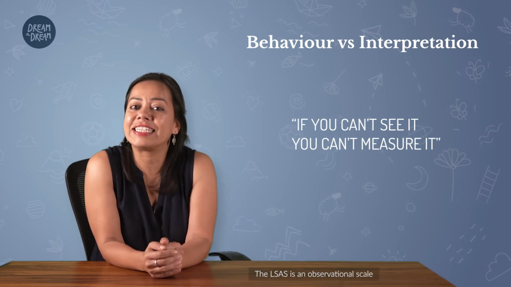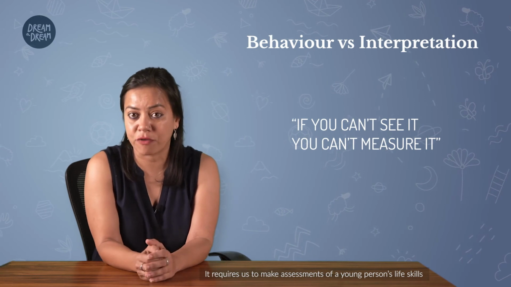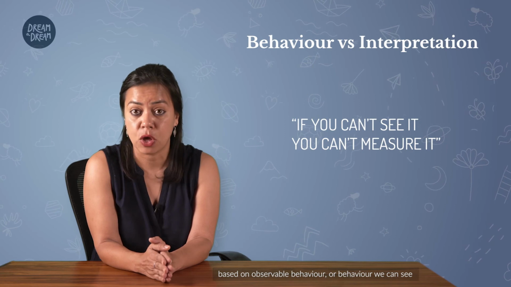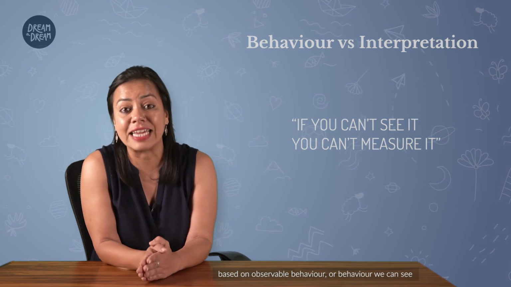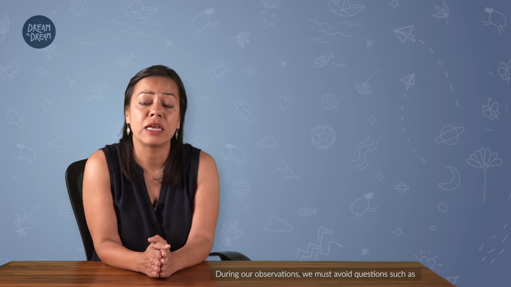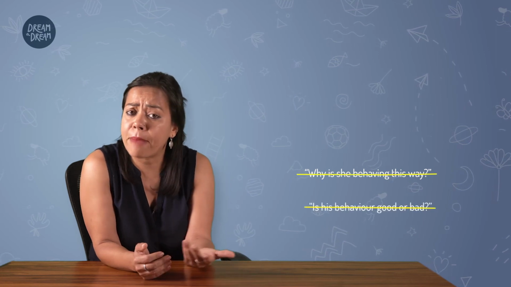The LSAS is an observation scale. It requires us to make assessment of a young person's life skills based on observable behavior, or behavior we can see. During our observations, we must avoid questions such as, why is she behaving this way? Or, is his behavior good or bad?